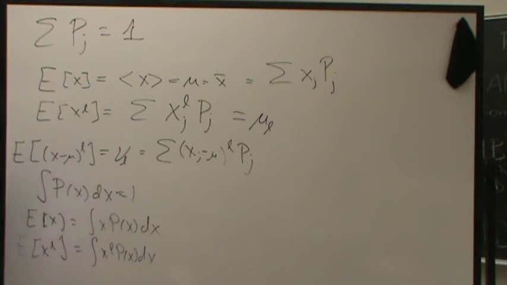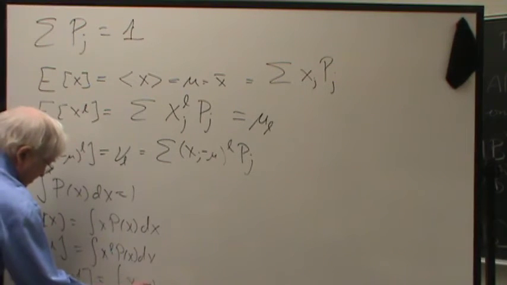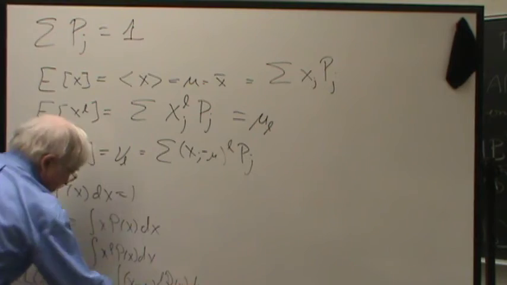I'm leaving the range indefinite because it depends on the range of the variable x. There's also the expectation of (x minus mu) to the L, which is the integral of (x minus mu) to the L times p of x dx.